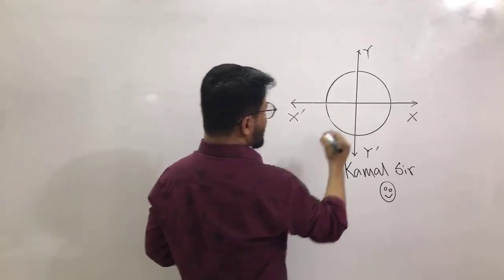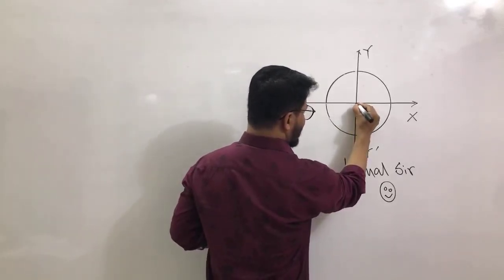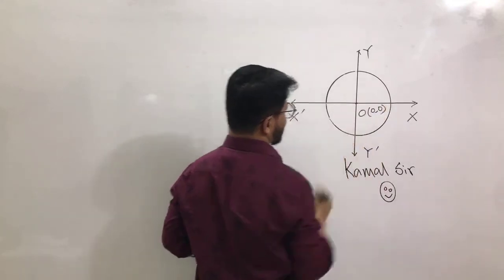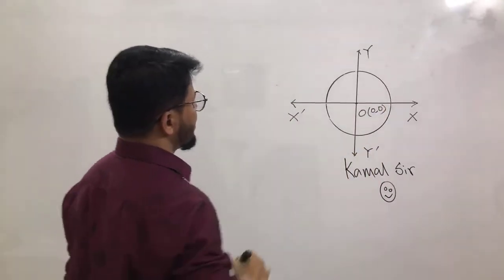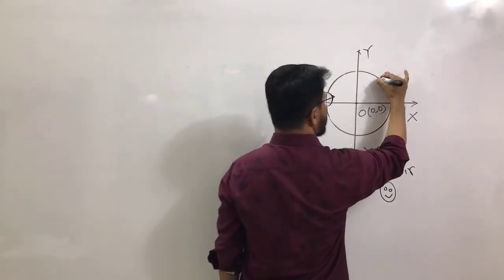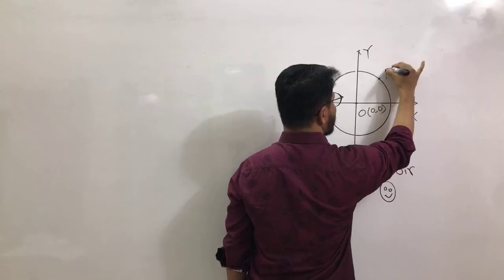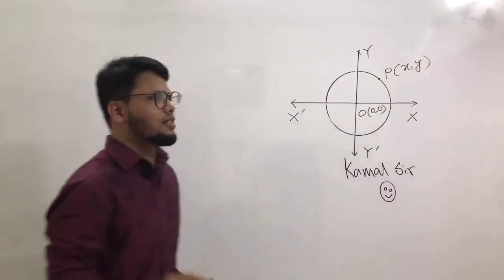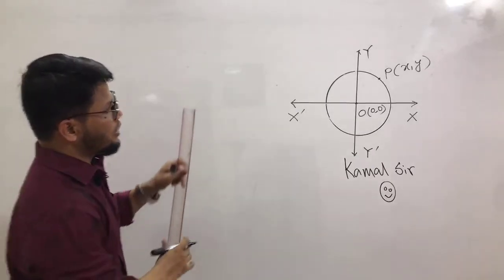The two axes intersect each other at the origin where this one is 0, 0 point. And at the circumference of the circle, consider any point here, this is P, and P is x, y, any point on the circumference of the circle.